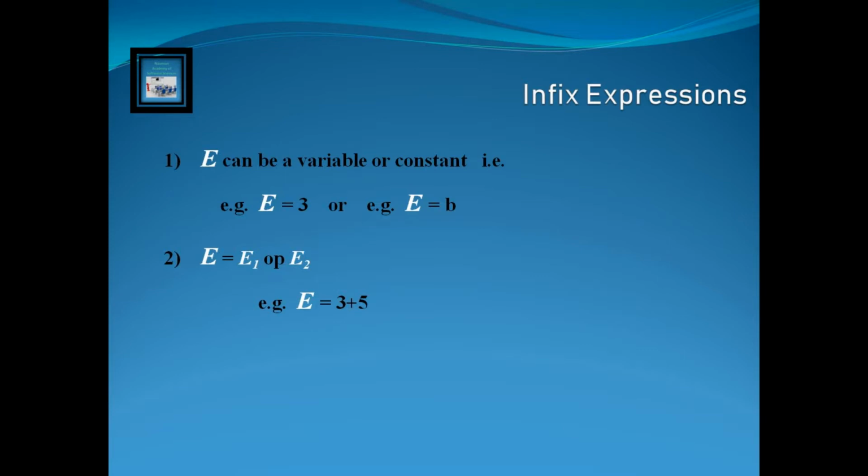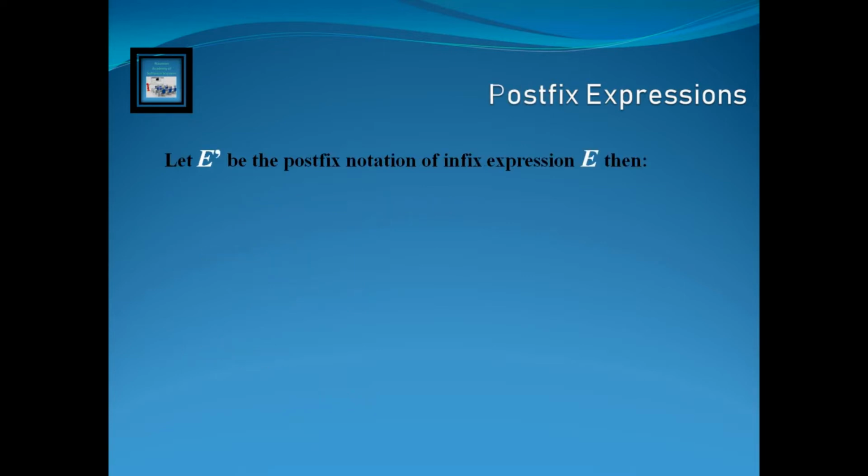For example, 3 plus 5 is an infix expression because 3 and 5 are operands, and they are surrounding plus, that is the operator. And an infix expression can be within parentheses. For example, 3 plus 5 within parentheses can also be written as an infix expression.